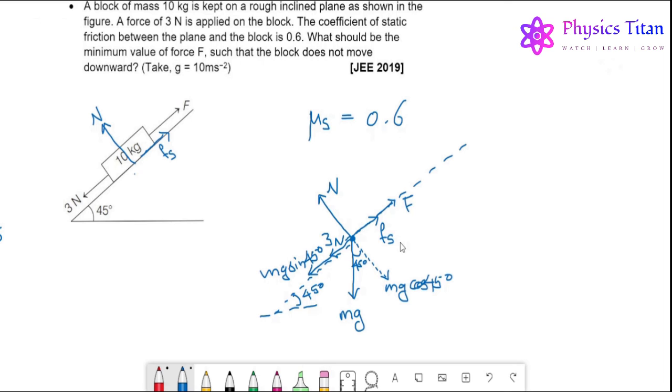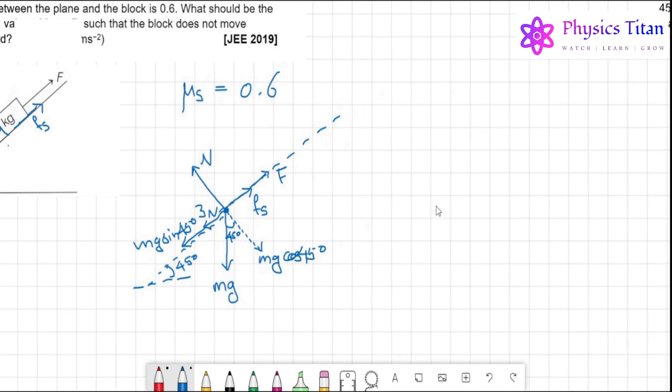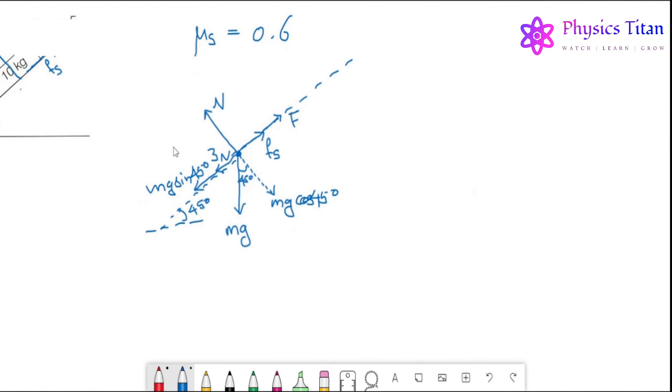Now let us write the equations. First of all, for the normal direction. What are the forces we have in the normal direction? First is this normal force, and second is the component of the weight along the normal direction. Since the block is not moving in this direction, the sum of all the forces in the normal direction must be equal to 0.